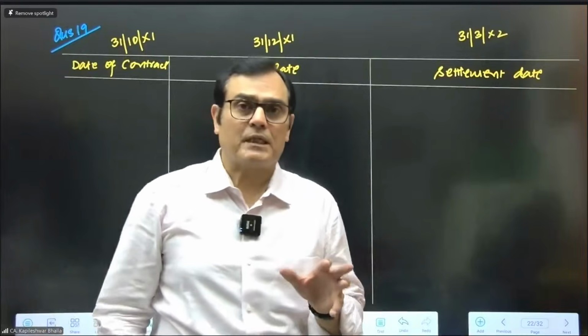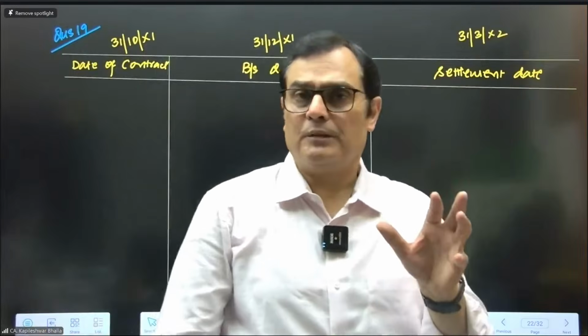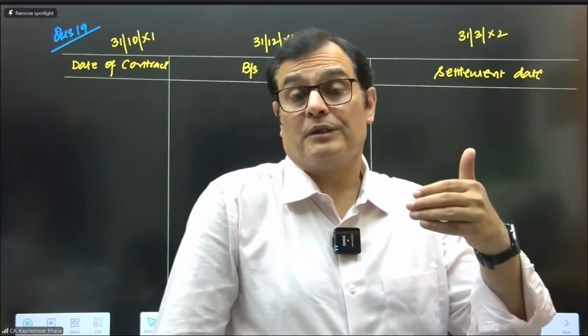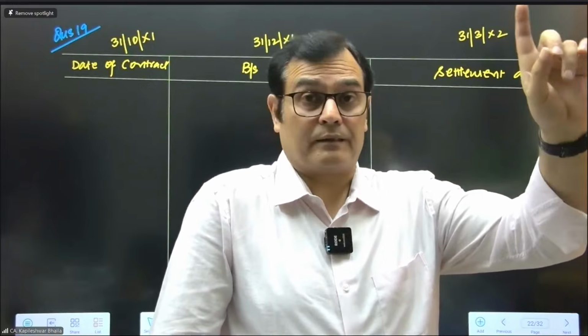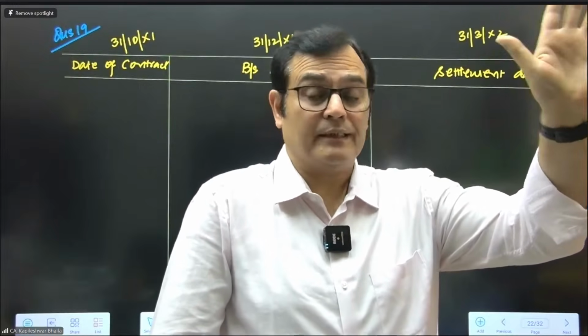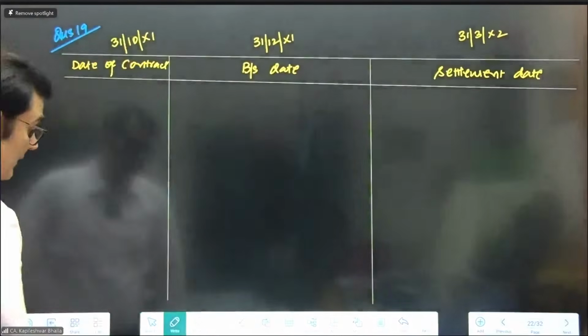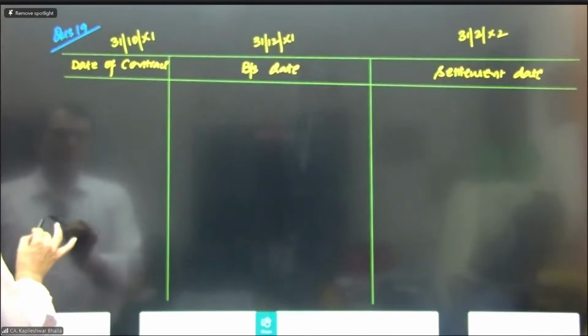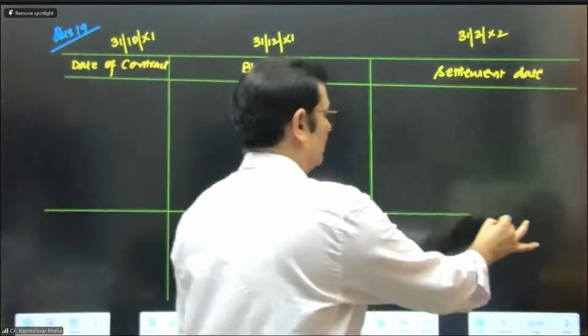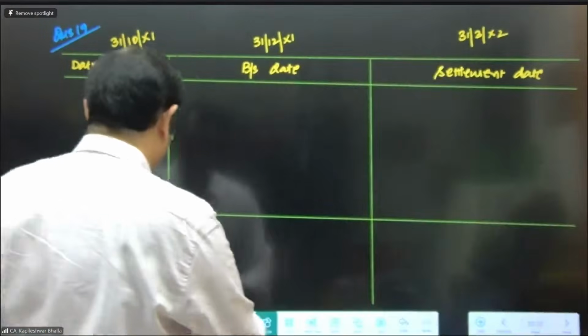So when you're doing the accounting for a cash flow hedge, you need to keep the focus very clear that you need to consider 3 important inputs. One is the date when you enter the contract, then the balance sheet date in between, and then the settlement. You can split your answer into 2 different parts.